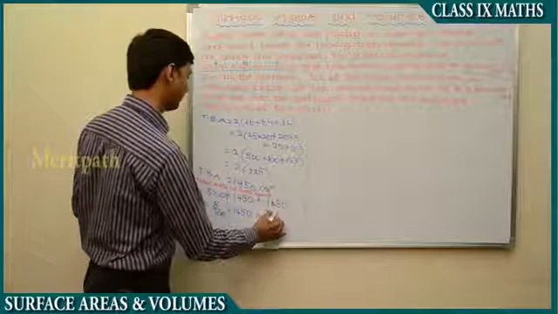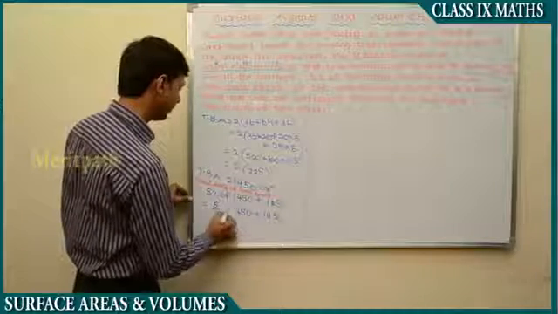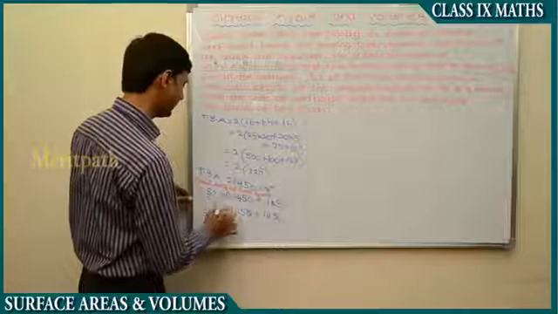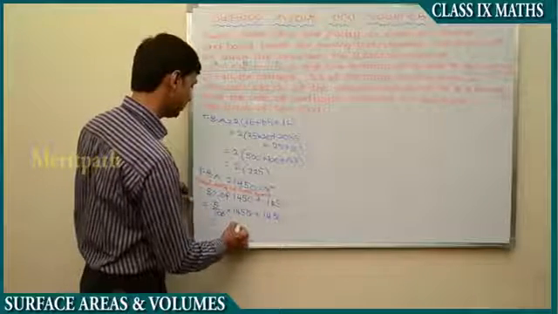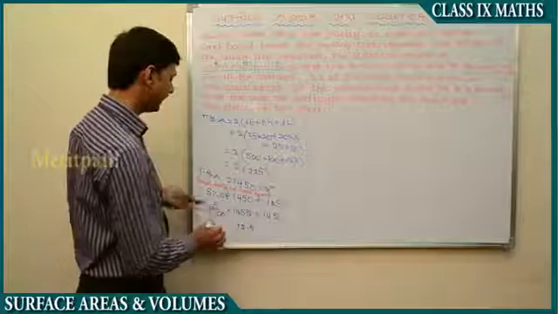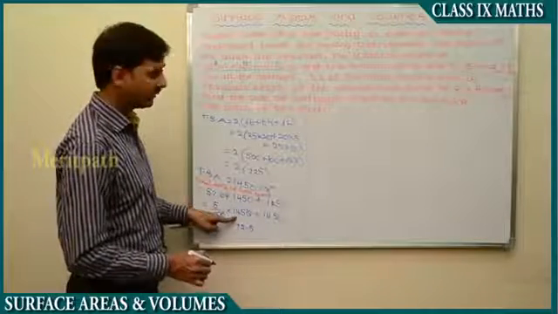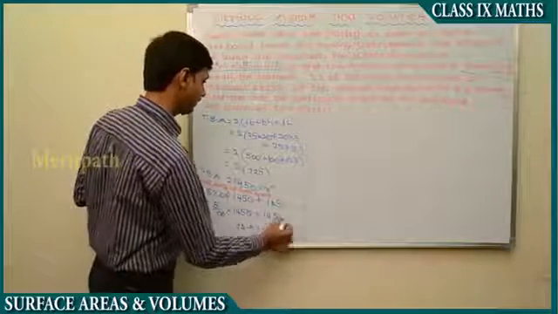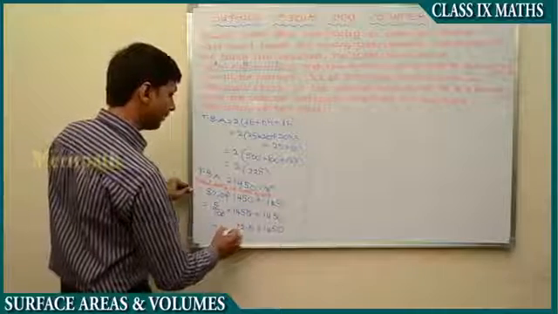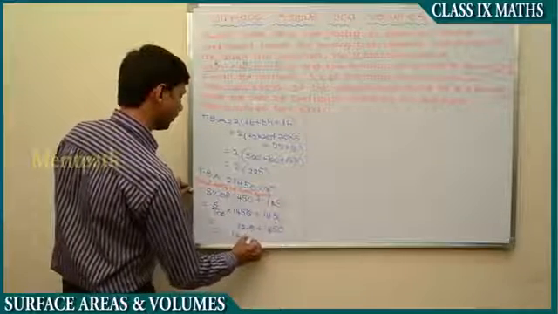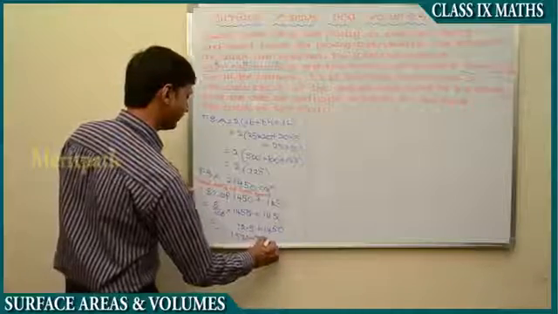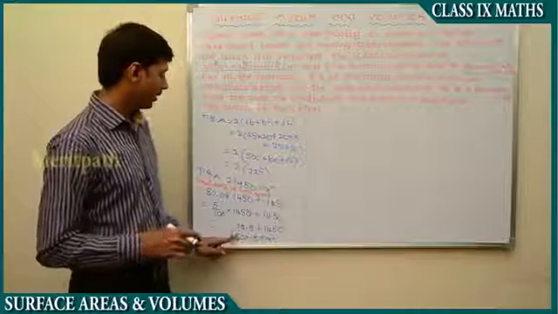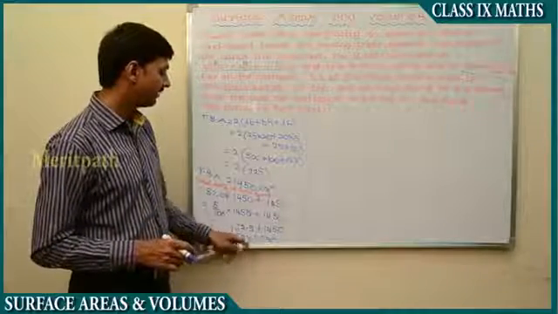After cancellation of the zeros and the 5 table, we get 145 by 2, that is 72.5. So 72.5 plus 1450, when we add these two numbers, we get 1522.5 centimeters square.